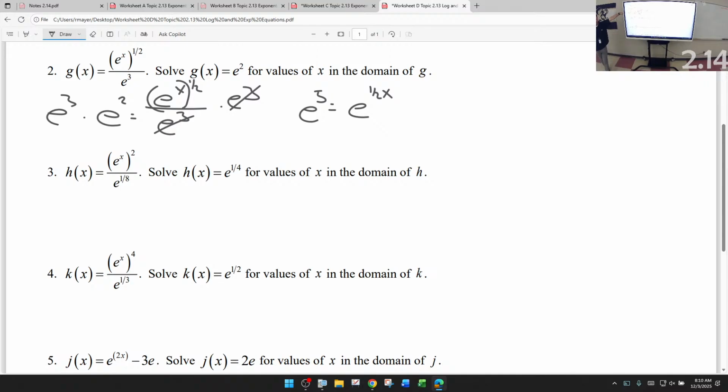You're taking the natural log of this side and kicking that 5 out front, and taking the natural log of this and kicking that 1/2 out front, and then you're just dropping the natural log of e's because that's 1. That's not mathematically correct, but it's okay because that's what you're doing. So 5 is equal to 1/2 x, multiply both sides by 2 to get x by itself, so x is equal to 10.